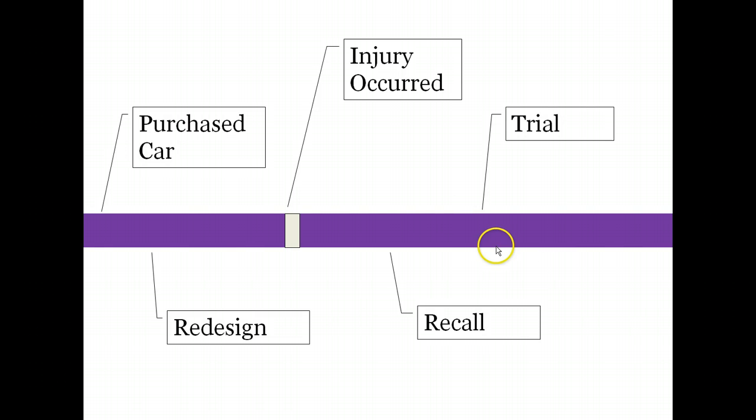In that situation, you have to consider the point at which the remedial measure was taken as compared to the date of the injury. If the redesign occurs before the injury, it is not covered by the rule's prohibition. If the remedial measure, say a recall, occurs after the injury, then it is covered by the rule's prohibition.